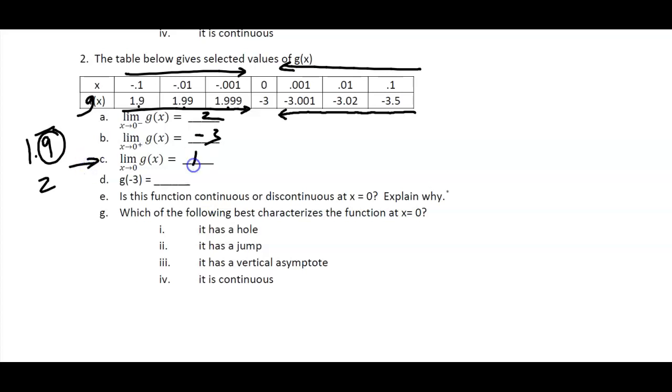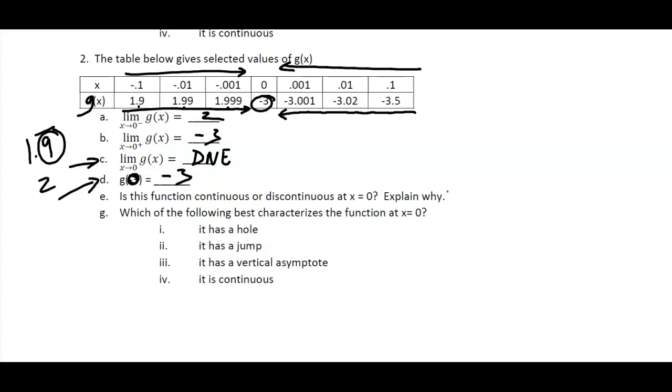Well, it doesn't exist because the limit from the left and the limit from the right are not the same. What is g of 0? Sorry about that. Well, g of 0 is negative 3.